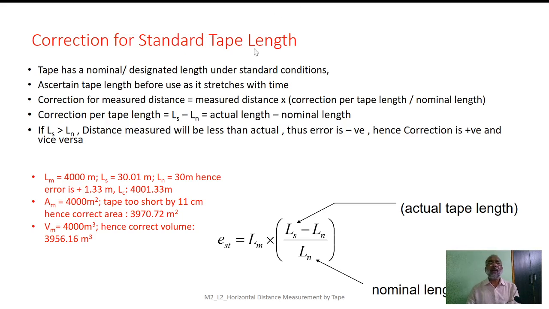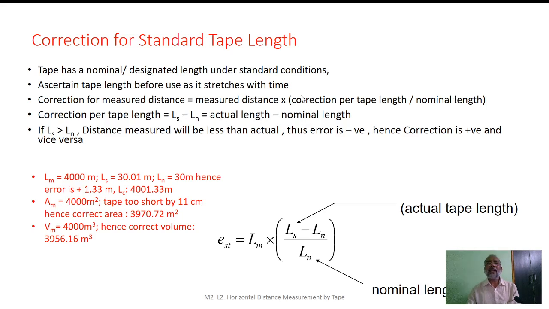So here we expect that the tape has to have nominal or designated length under standard conditions. During our measurement operations, we ascertain its length. Here, the correction for the measured distance is given by the measured distance into the correction per tape length divided by the nominal length.